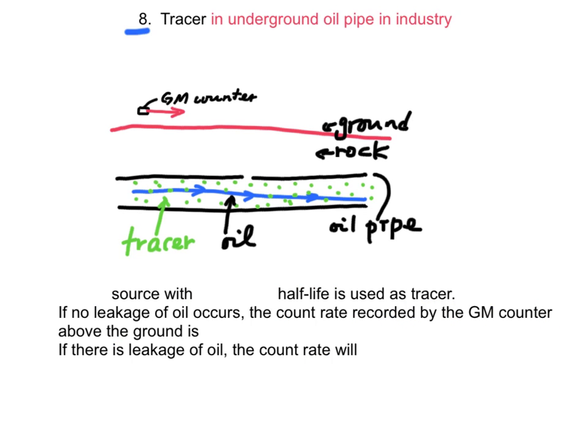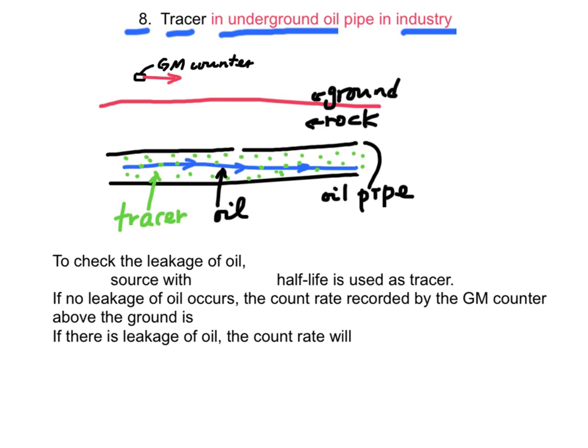Another example is tracers used in underground oil pipe in industry. To check the leakage of oil, gamma source with short half-life is used as tracer.